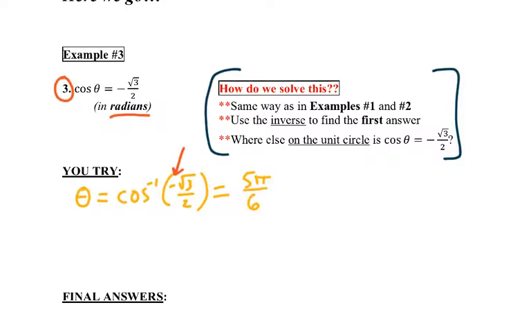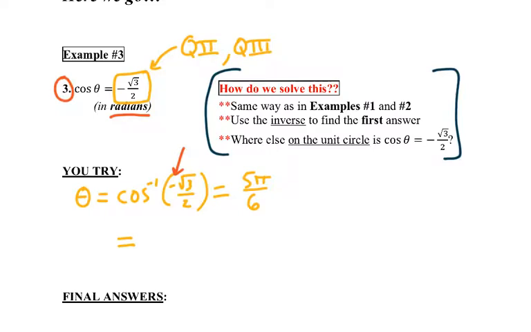All right, so now let's get rid of the cosine inverse and just think about where else is the cosine equal to negative root 3 over 2. And think about what other quadrant is cosine negative. It was in quadrant 2 as the first one, but where else? Did you think quadrant 3? Me too.